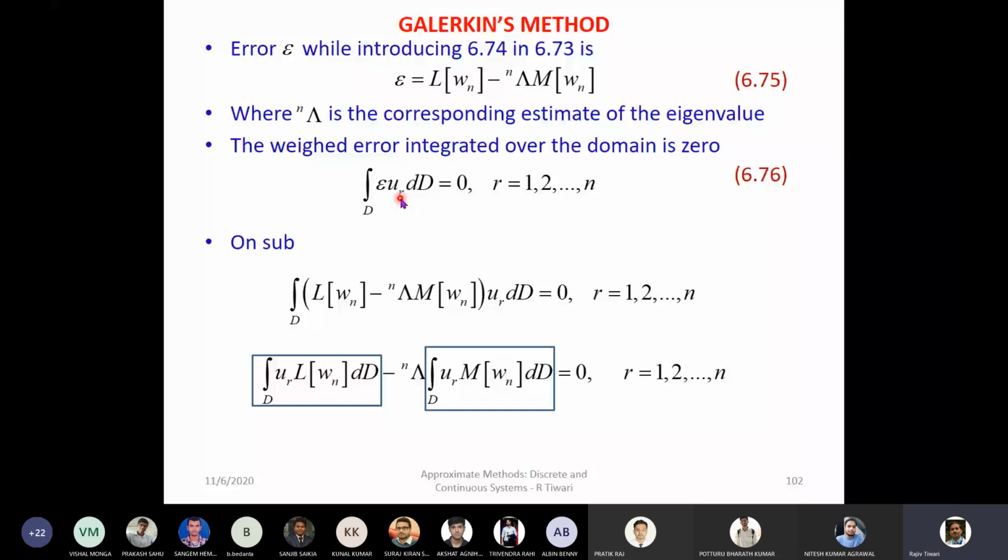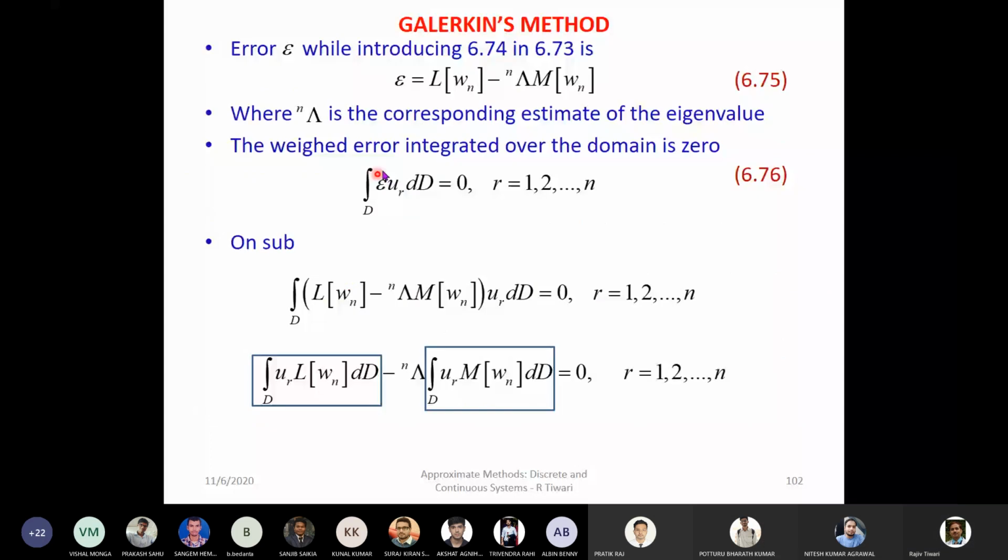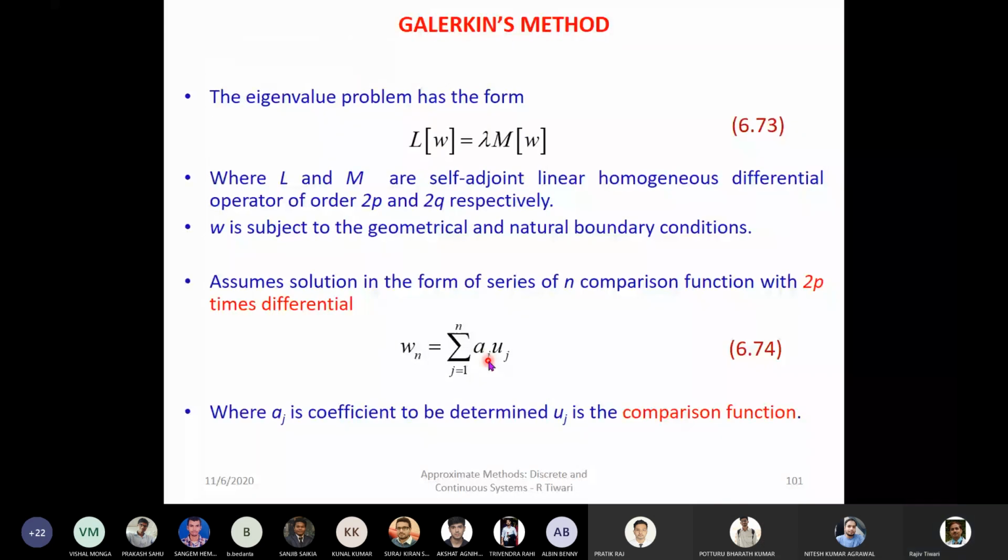The weight in the Galerkin method is the same as the comparison function we are choosing. So basically we are minimizing this particular error, and we know that the assumed solution has some unknown constants. These unknown constants are to be found such that the error is minimized over the domain.